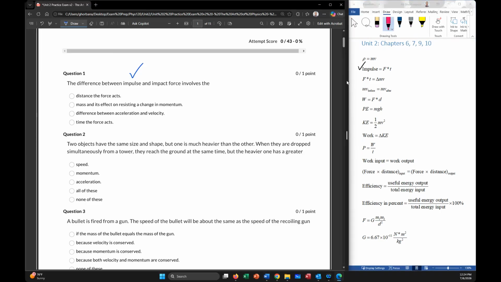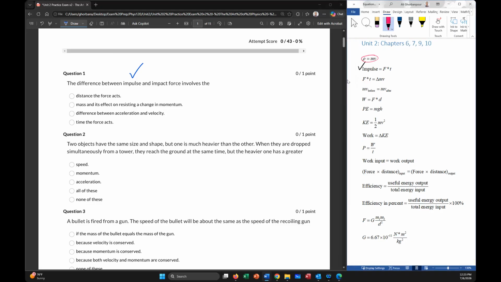Impulse and impact force. There you go. Impulse is the force times delta t, and force times delta t is the change of mass times velocity. The change of mass times velocity is momentum. So this should be momentum.